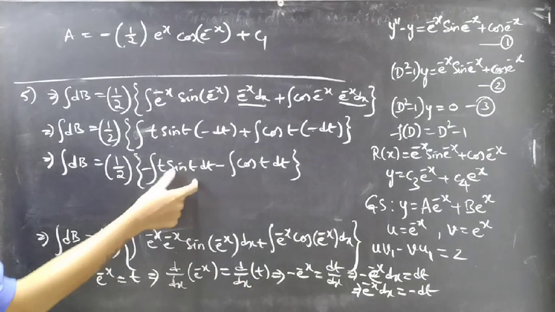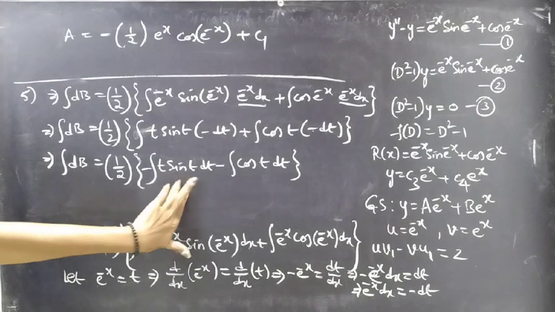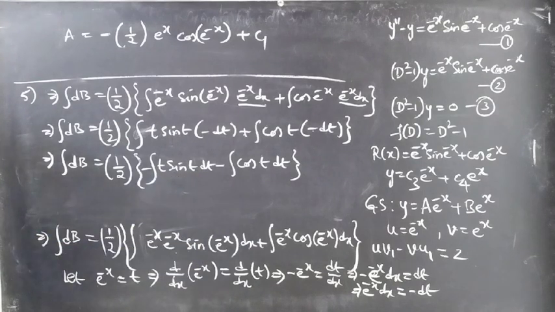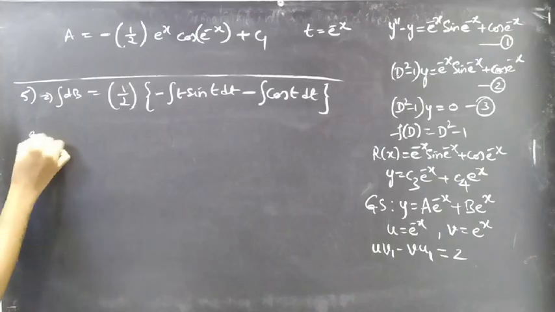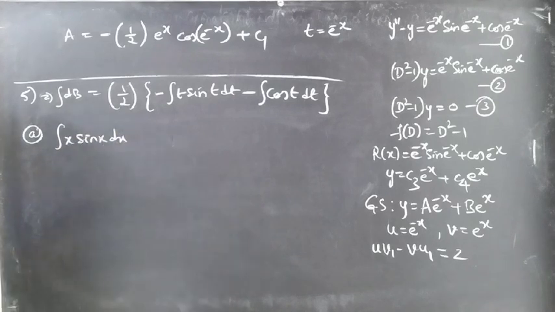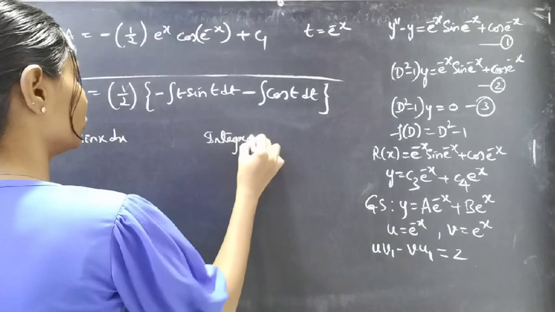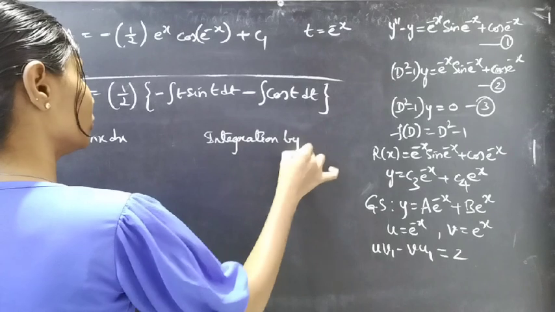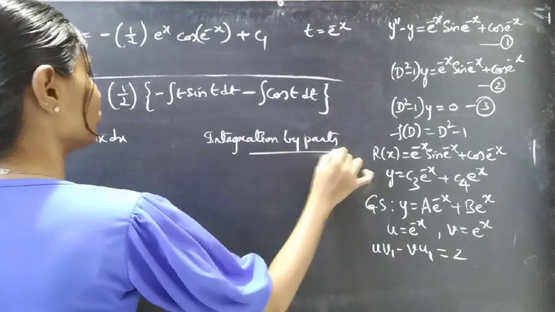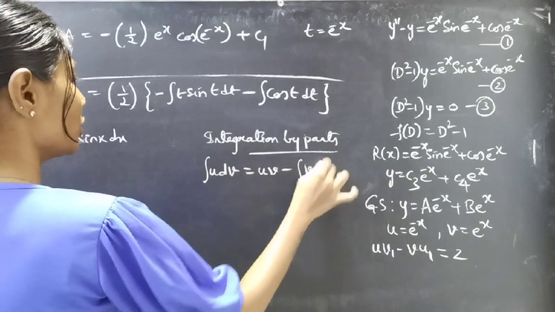Now let's evaluate integral t sine t, or x sine x dx for our convenience. Instead of taking variable t, we'll consider x. Integral x sine x dx. So here we are going to apply integration by parts formula: integral u dv equal to uv minus integral v du.